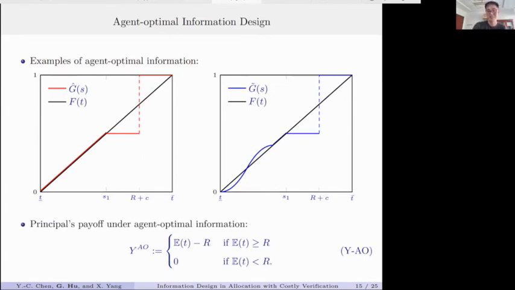If the mean is large enough, then allocating the good with probability 1 will give the principal a net payoff of mean minus R. If the mean is small, then because every signal above S1 is pooled at R plus C, even if the good is allocated to the agent, the principal gets a payoff of 0. The payoff is some integral of S minus C minus R. So this is the principal's payoff under the agent optimal information.